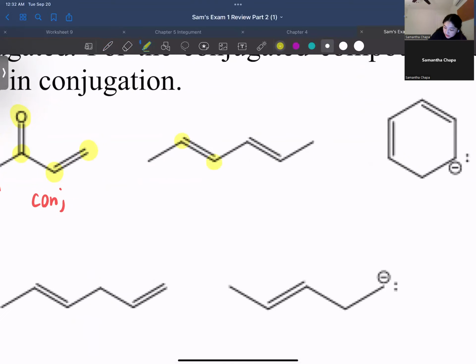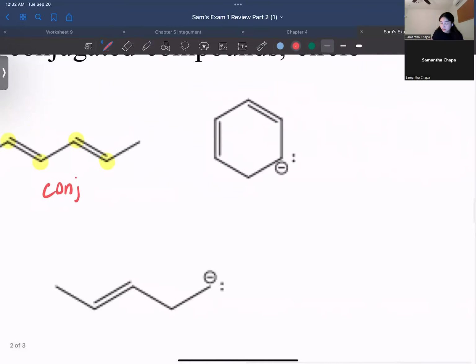Here we have sp2, sp2, sp2, sp2. We have 4 consecutive sp2 atoms, so not a completely conjugated compound, but we're conjugated. Again, here, labeling your hydrogens would help you figure out whether it's sp2 or not. That one is sp3, but this is sp2, sp2, sp2.